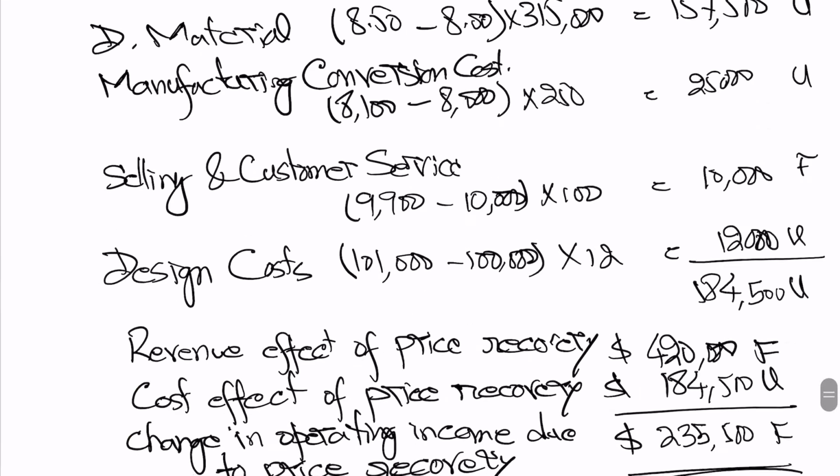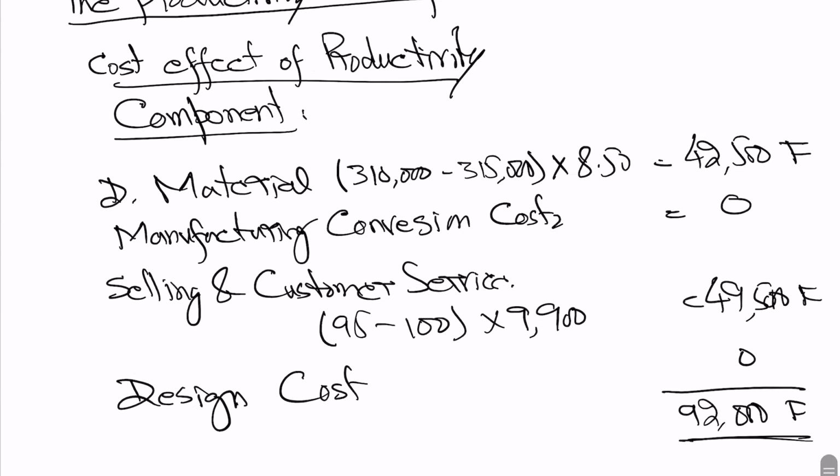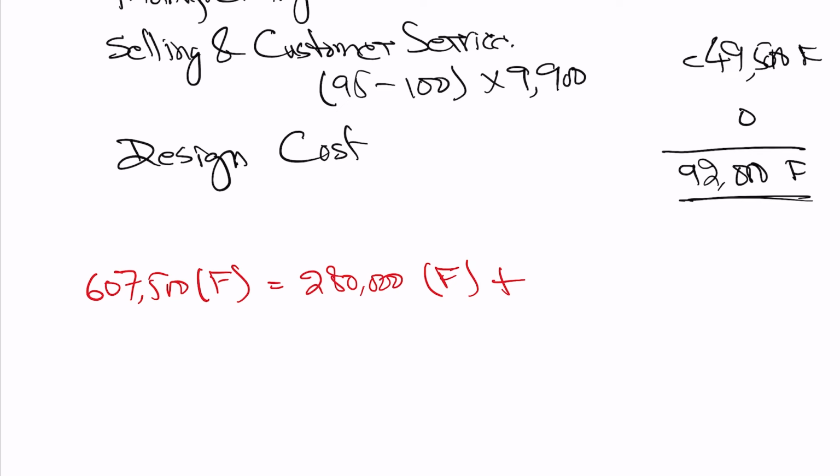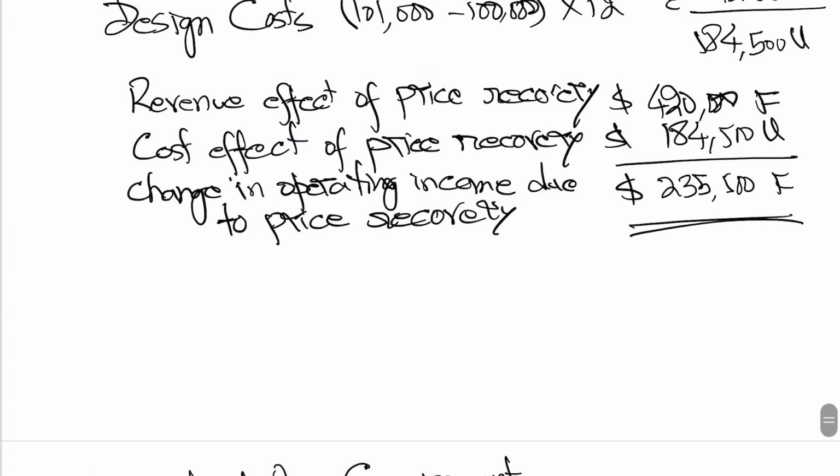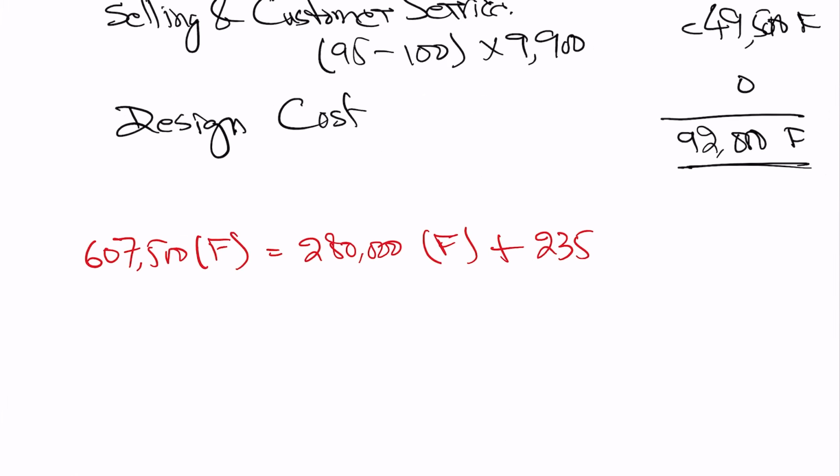Add 235,500, that's the price recovery, also favorable, plus the productivity component, which is 92,000 favorable. If you add, you get 607,500.